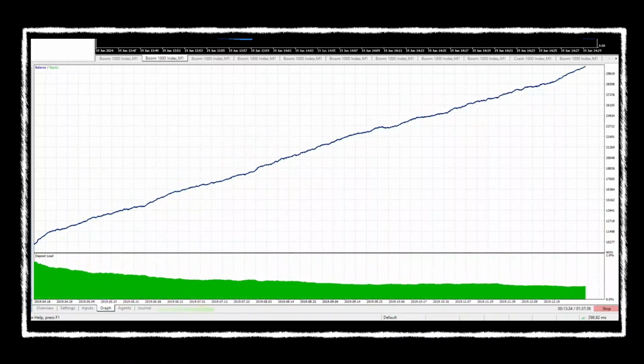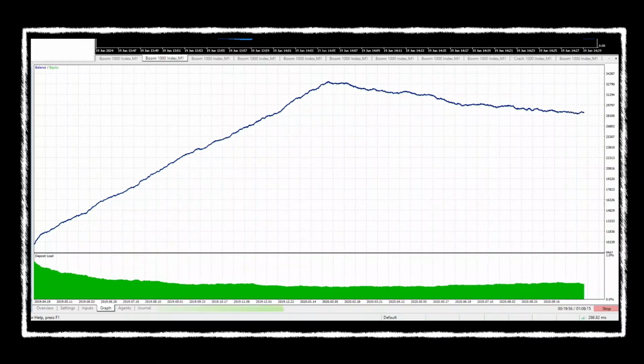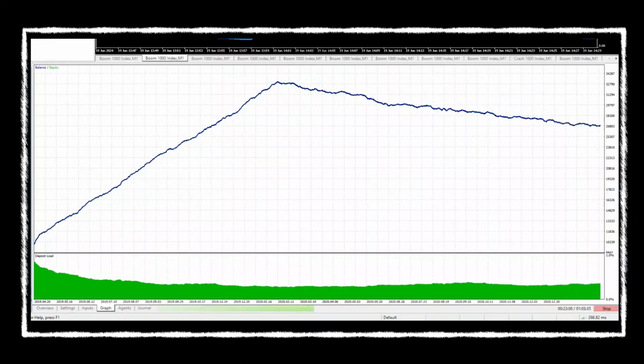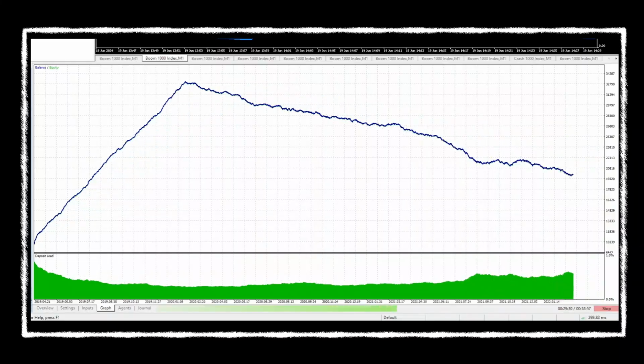And things start off well, then something happens again. It's as though the RSI made zero impact, and we end up in the same spot, running out of money.